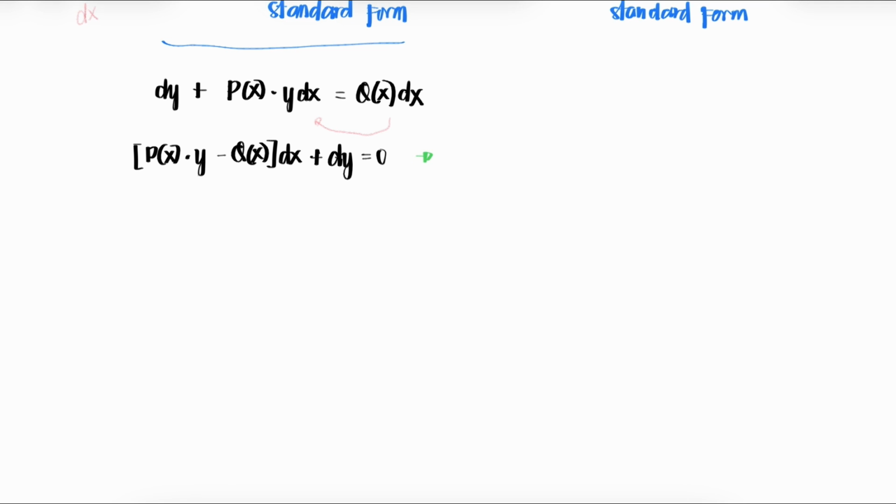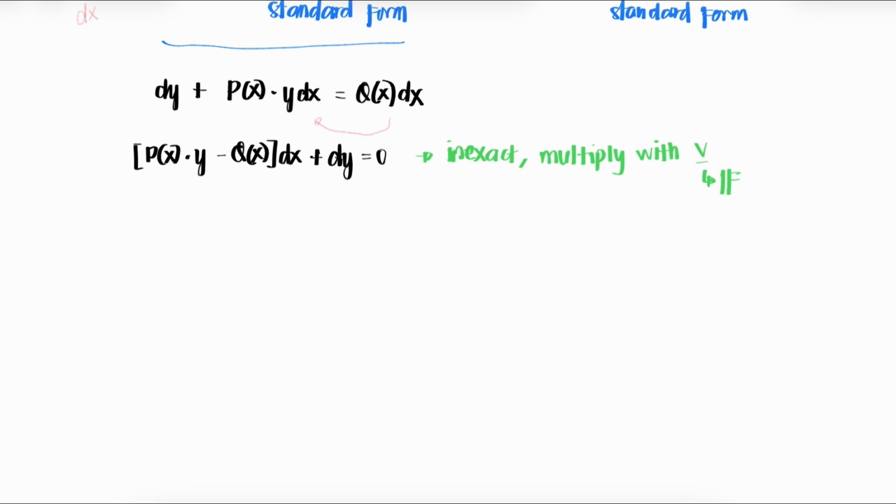So this is inexact, so multiply with v. Remember, this v right here is the integrating factor. Let me just write IF, integrating factor.